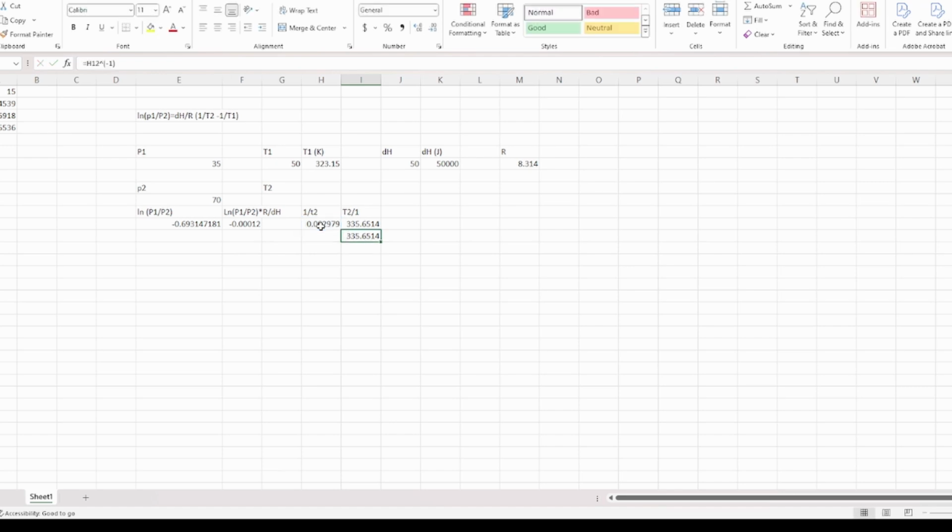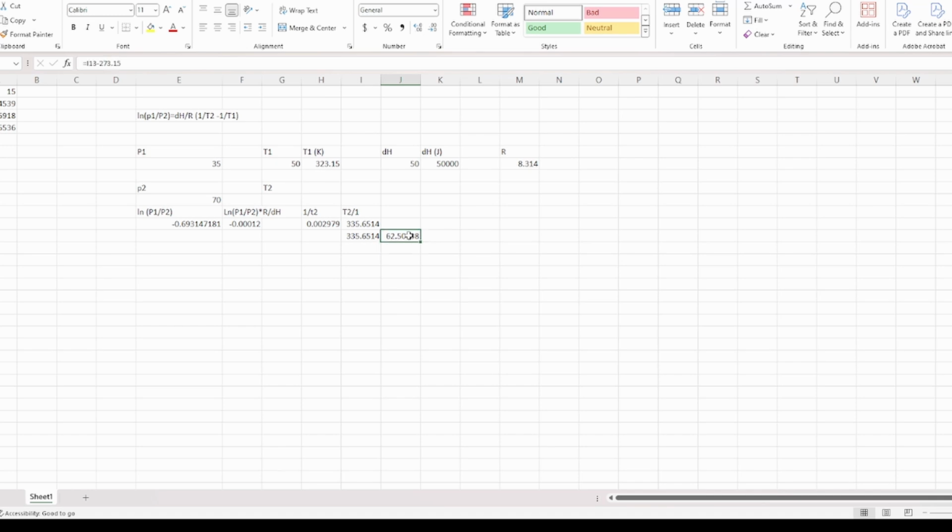Gives me the same number. Finally, I could turn this back into Celsius by subtracting 273.15. And I get, at what temperature will my vapor pressure have doubled? At this enthalpy, it will have doubled at 62.5.